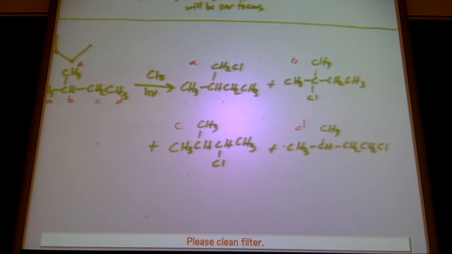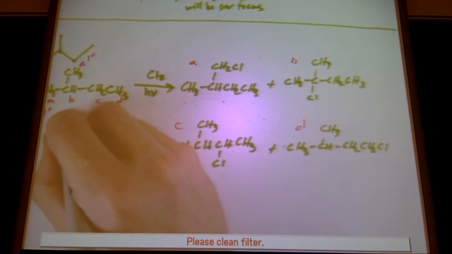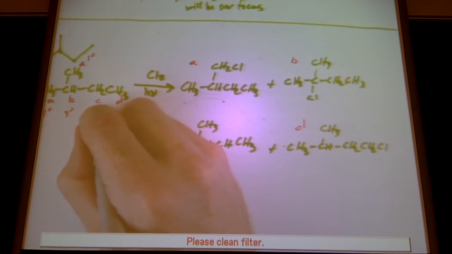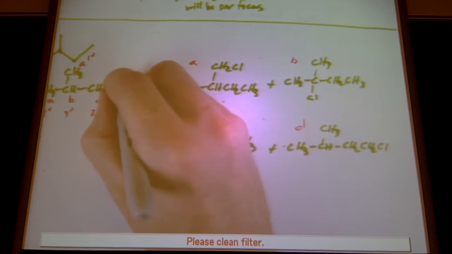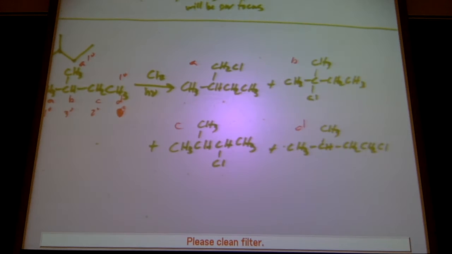So if I look at A, those are primary carbons. B is a tertiary carbon, C is a secondary carbon, D is a primary carbon.